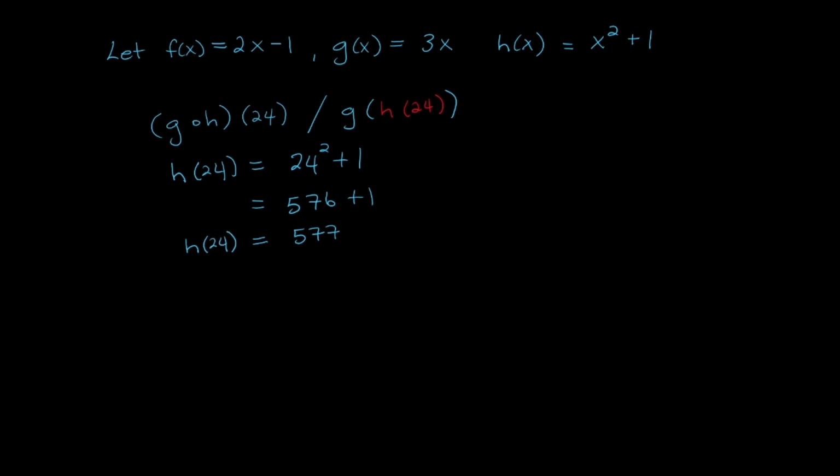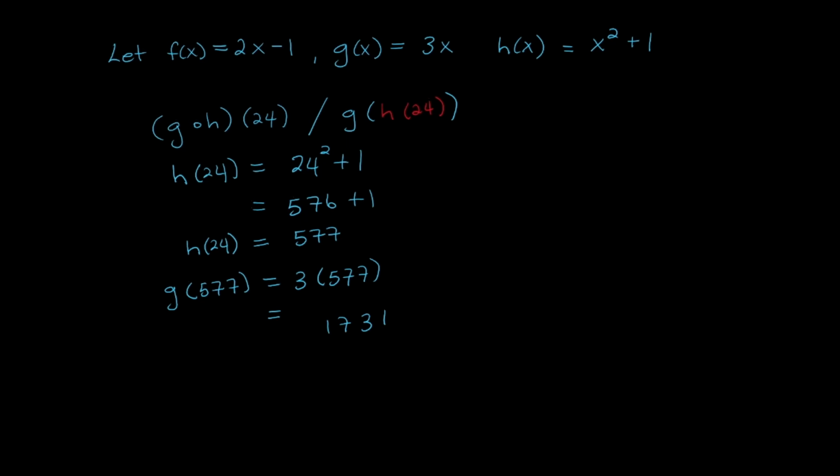Now that we found h of 24, we can plug that value into our g function. So that should be g of 577, which is equal to 3 times 577, so 1731. So g of h of 24 should be equal to 1731.